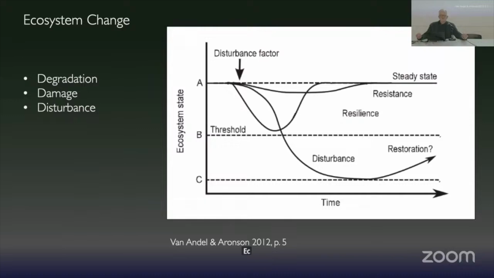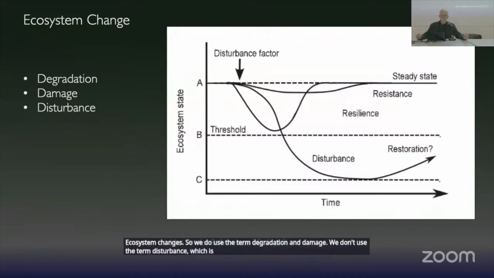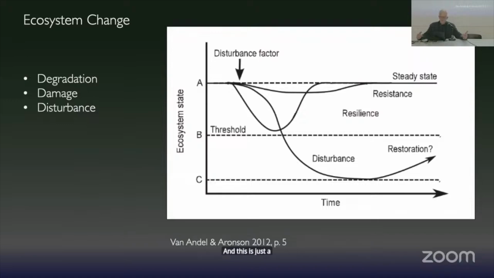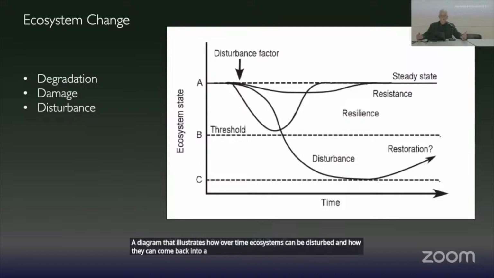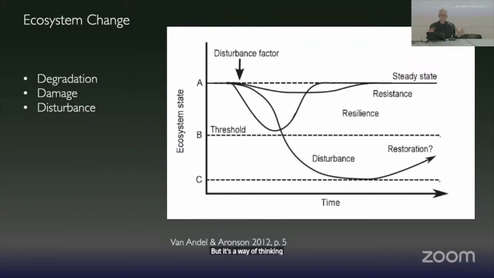We do use the term degradation and damage. We don't use the term disturbance, which is very big in restoration ecology literature. And this is just a diagram that illustrates how over time ecosystems can be disturbed and how they can come back into a steady state or reach new states. I'm not going to go through all the details of this diagram, but it's a way of thinking about a system and disturbance in the system.